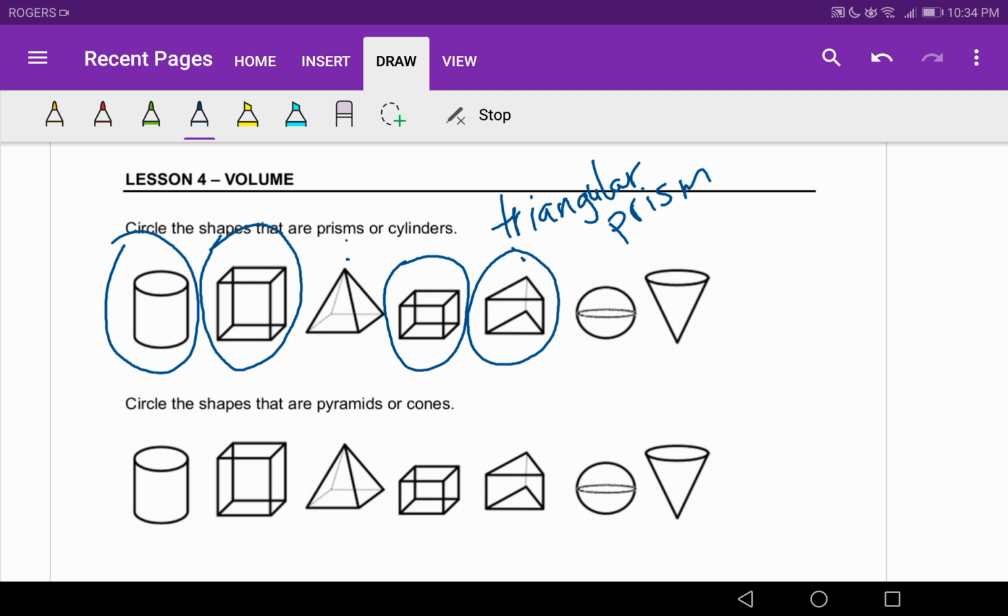It does not come to a single point like the pyramid does. All right, so that shape falls under a prism. And then a sphere and a cone obviously are not types of prisms or cylinders. Next, circle the shapes that are pyramids or cones. Well, here's a pyramid. There's your cone.